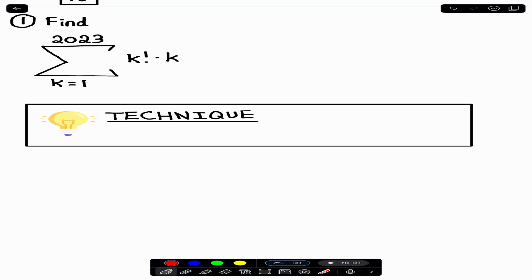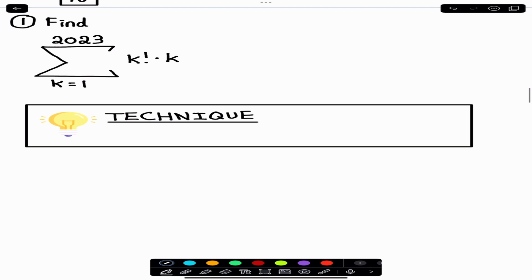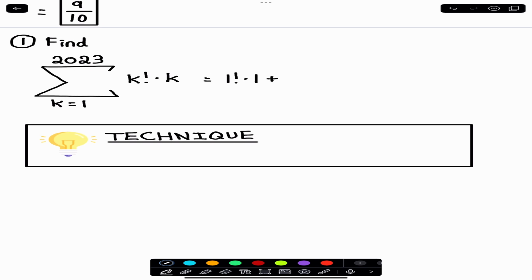At first it might seem like, even if we were to just write this out, like 1 factorial times 1, so basically we're writing out the sigma into its explicit form like this. And then we bump that up to 3 factorial times 3.